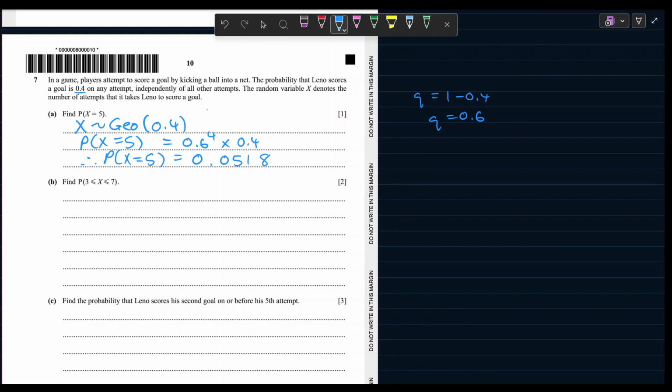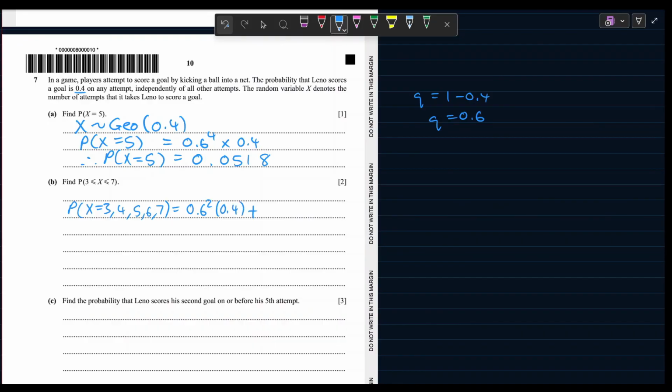Part B, we want to find the probability that x is between 3 and 7 inclusive. That's a long calculation. So essentially we're going to want 3, 4, 5, 6, and 7. Okay, so 3 is going to be 0.6 to the power 2 times 0.4.